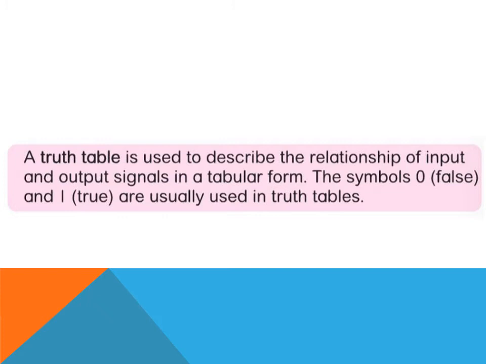In the input line, if it rains, the input will be 1. If it doesn't rain, the input will be 0. In the same way, I will go to school will be represented as 1, and I will not go to school will be represented as 0 on the output side. Whenever we make a table using this data for that specific gate, that will be called a truth table.